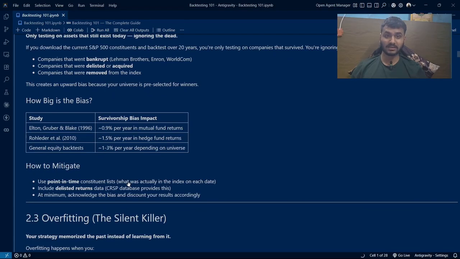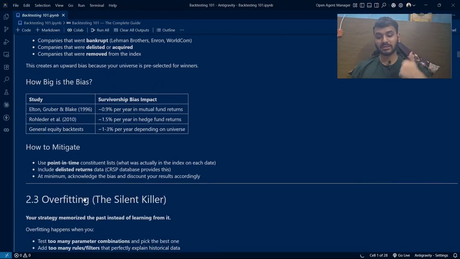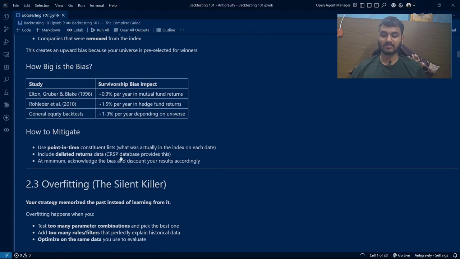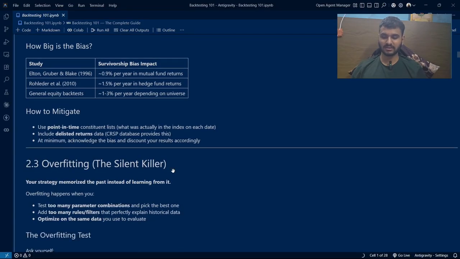Now, how to mitigate it? We can use point-in-time data, like which stocks were actually being traded in the S&P 500 in 2010 or 2020, and include delisted returns at minimum. Acknowledge the bias and discount your results accordingly, if you are unable to get the data.